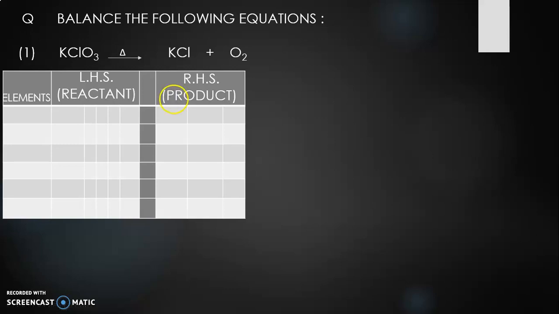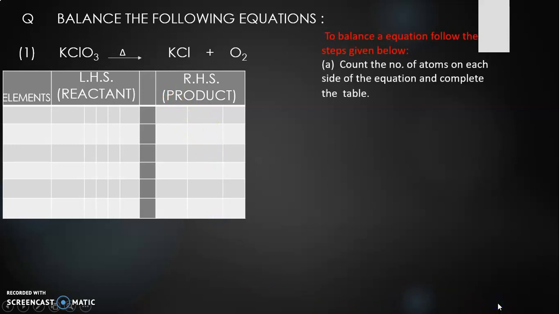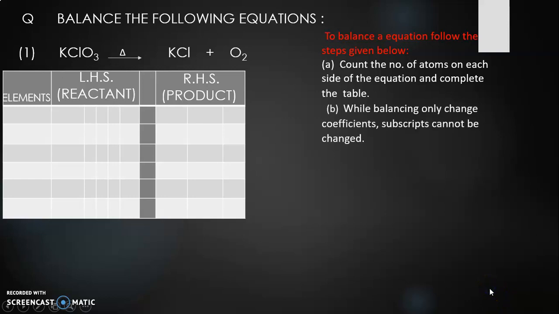Before we start balancing, let's take a quick look at the steps. Count the number of atoms on each side of the equation and complete the table. While balancing, only change coefficients, subscripts cannot be changed. This means we have O2, we have O3, here 3 and here 2 are in subscript form.